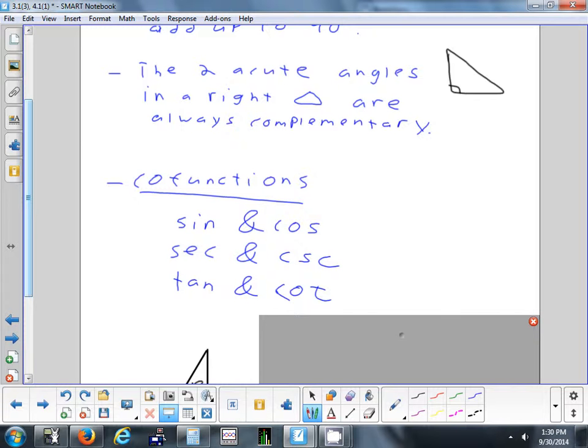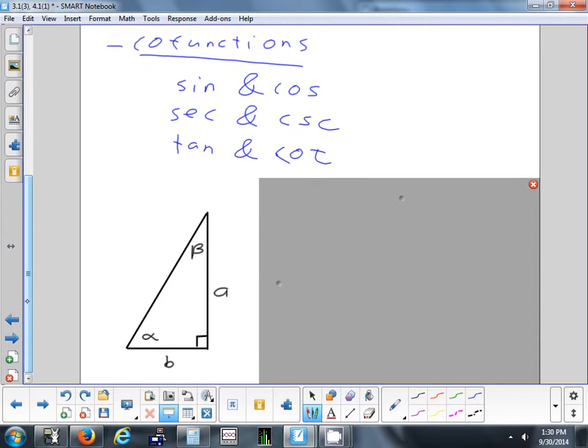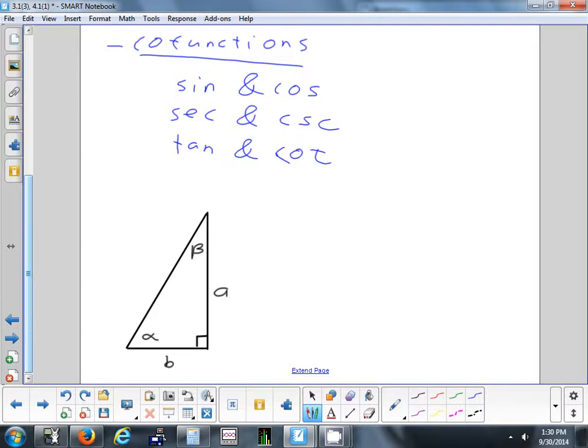All right. So we're going to take a look at this right triangle, and we're going to write down a couple of the trig ratios. And maybe you'll notice a pattern. Let's start by finding the sine of alpha. It's not going to be numbers, it's going to be all letters.